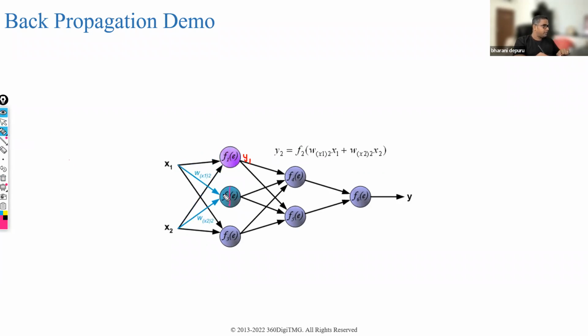Next, this also will have integration and activation. W1x1 plus W2x2 will give you the integration component. You take that and pass it on to the activation component. Then you get Y2.